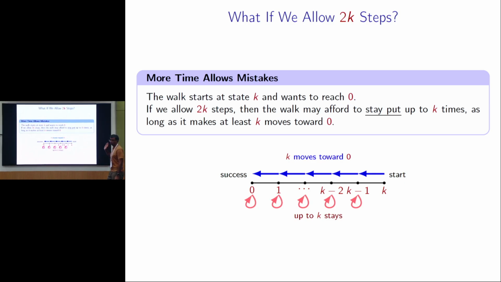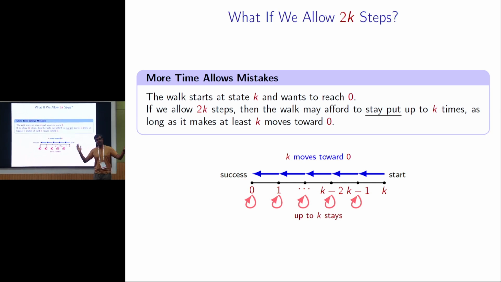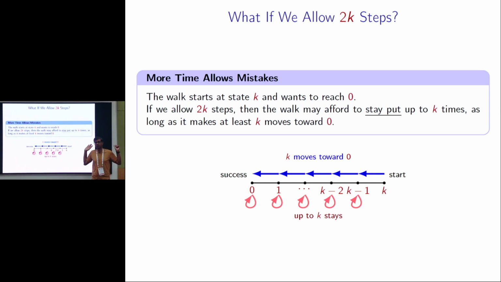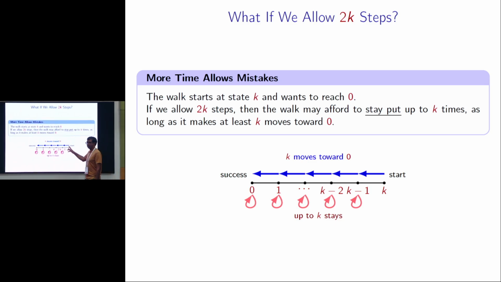It means all you care about is that at least k times you should move left, and the other k times you can just stay put. So what is the probability of starting from here, spending some time drinking tea, maybe you felt hungry, you like sleep, right? This is like, we study the tortoise and hare. So like in this process, hare always wins, tortoise can still go slow, okay?